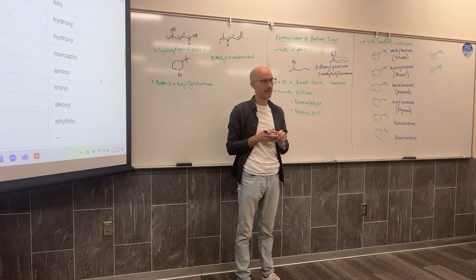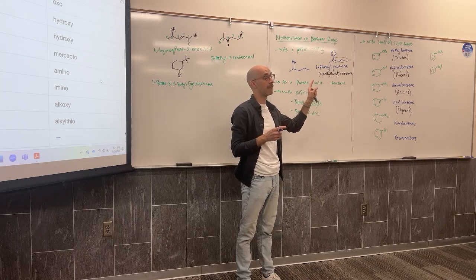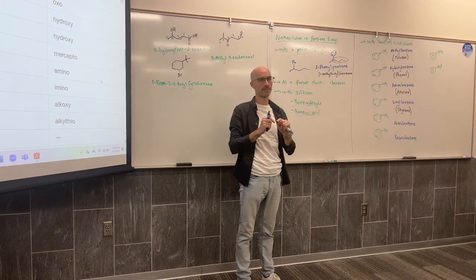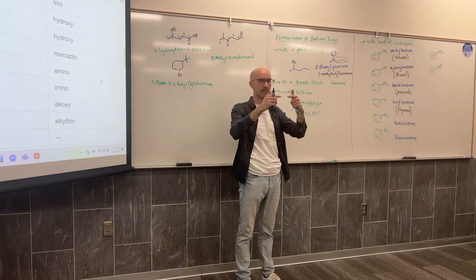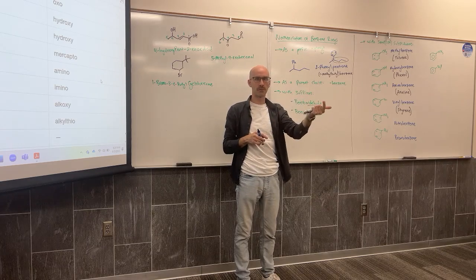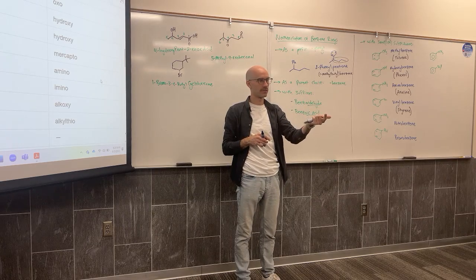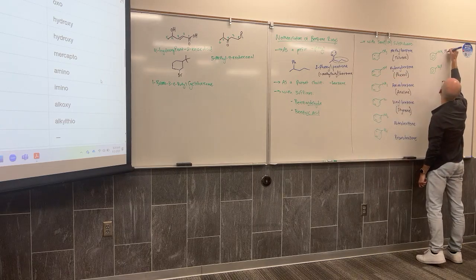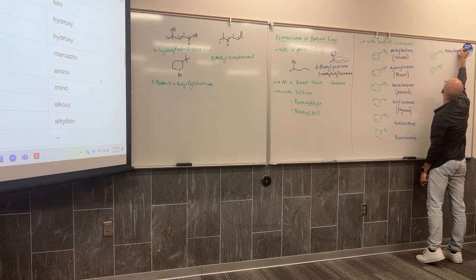We won't say ether. Actually, we could. A functional class name would be methyl phenyl ether, which describes the two sides connected to the oxygen. But I need to describe that there's both a methyl group and an oxygen group. So I call it methoxy. Methoxybenzene.